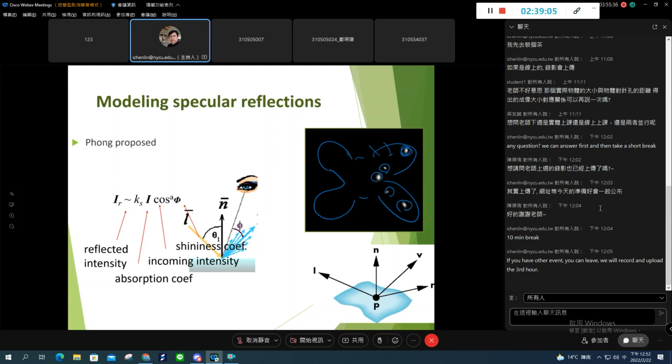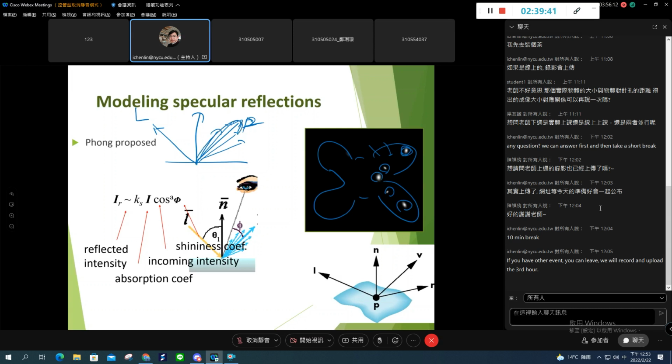So how can we model this kind of reflection? Our idea is that if we have a ray here, we have a reflection here. Yeah, perfect reflection. However, there are actually no perfect specular reflection materials. So your ray will still be spread to other directions, but not too far from the perfect reflective ray. So the idea is that perhaps we can simply use a model just like the cosine model we mentioned.